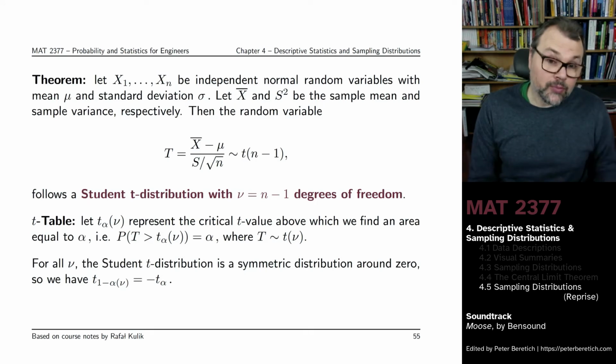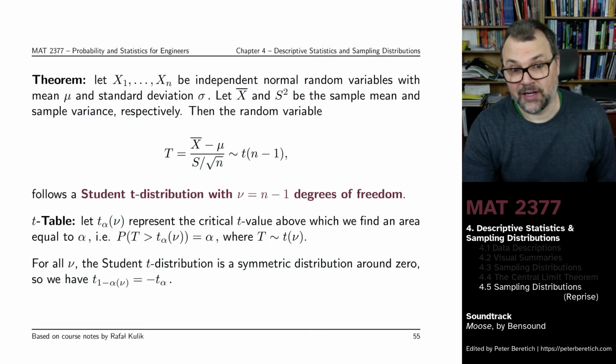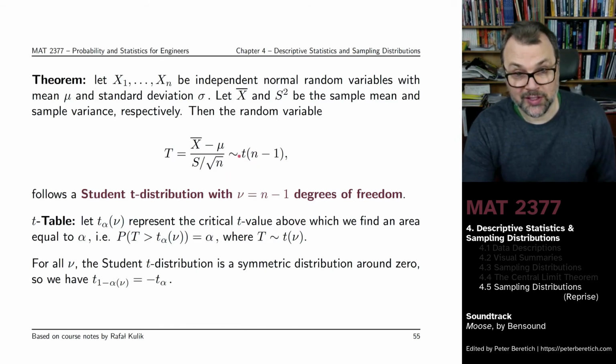So instead of computing the standardization x minus mu divided by sigma divided by square root of n, you're going to replace that by the sample standard deviation. And here, instead of following a standard normal distribution, this quantity will follow a student t distribution with n minus 1 degrees of freedom.